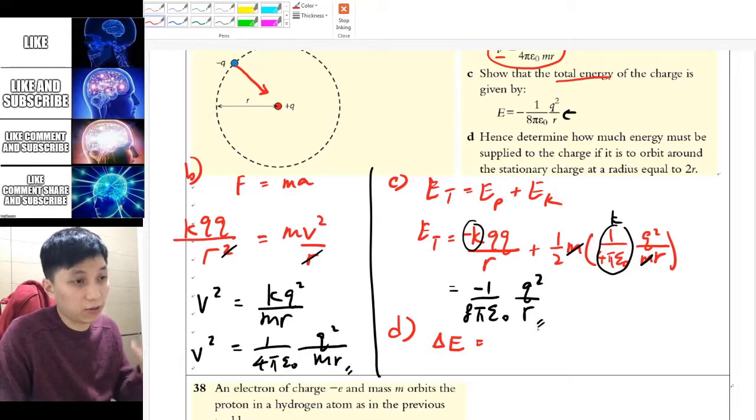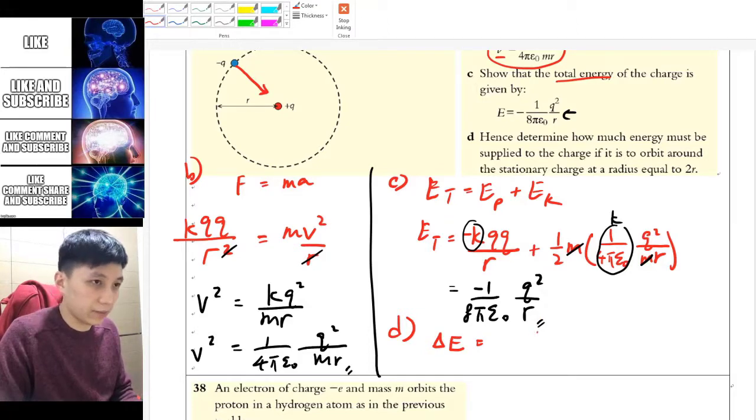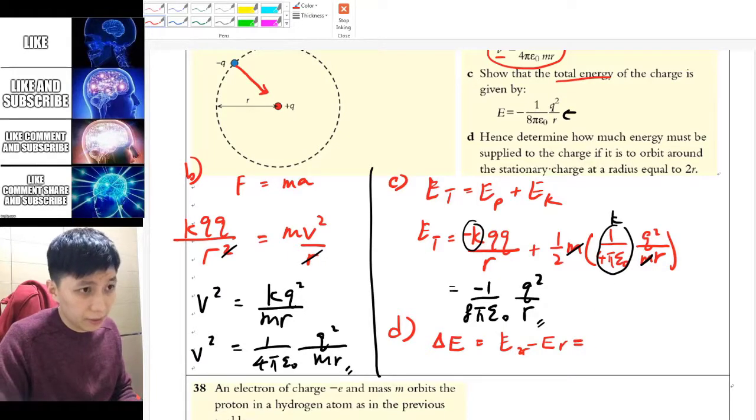So finding the difference between them can tell you the energy you need to supply. So we will be using the new one, or maybe we should say E2 minus E1 in this case, or E at 2r minus E at r. So in fact, it is simply having all these taken out if you want to.